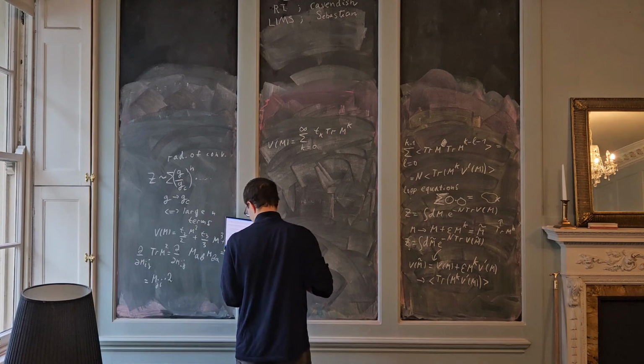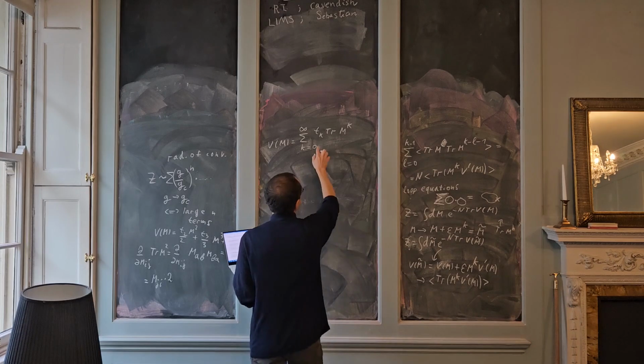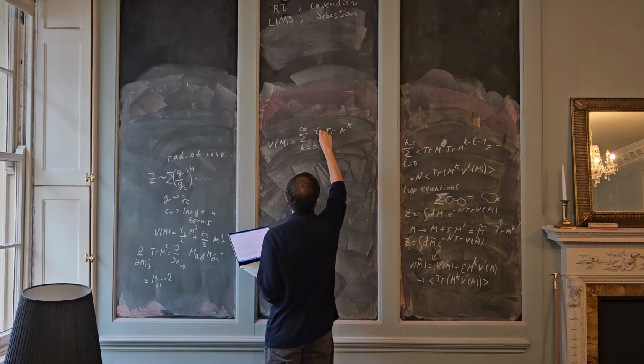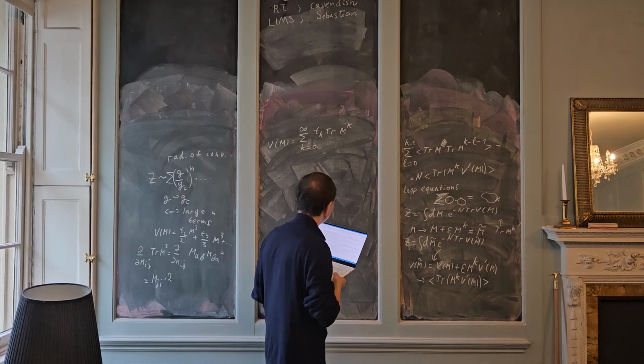So in the normalization that I have here, normally we would divide by k, but let's not do it just here. You can reinstate those factors later.